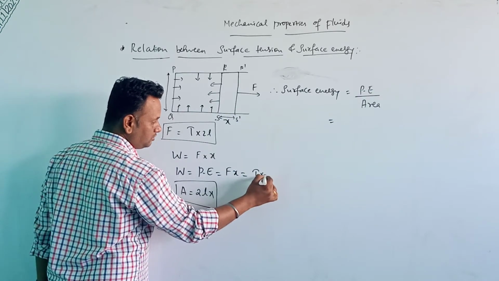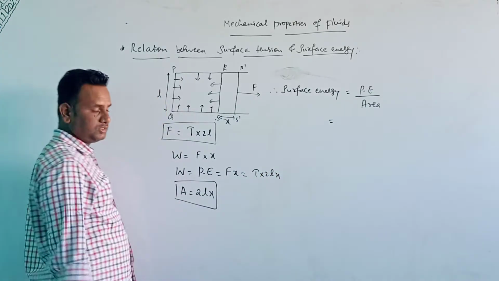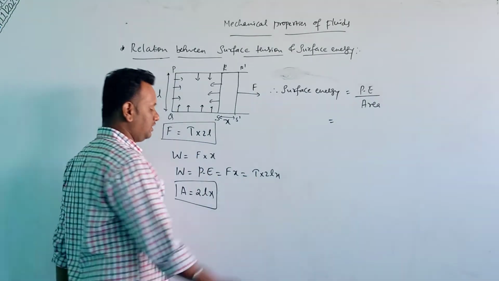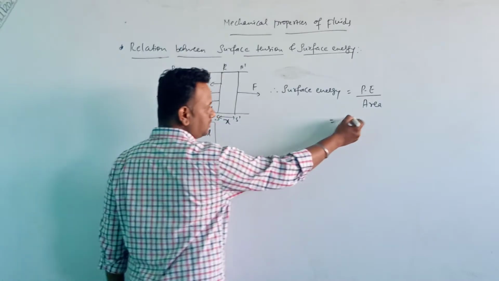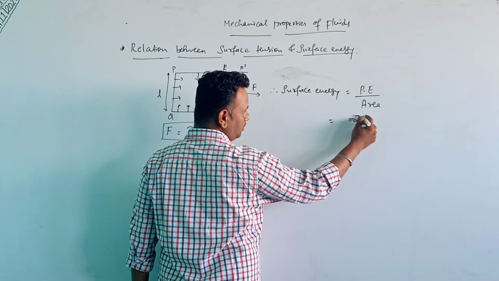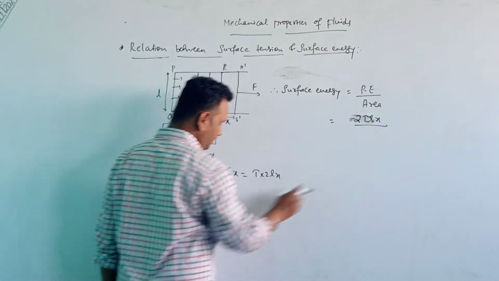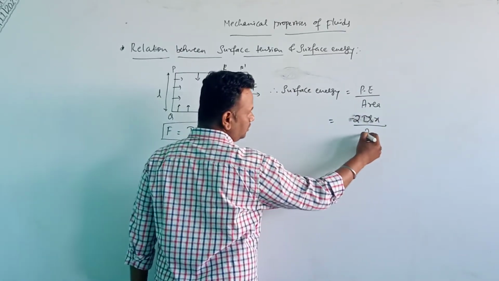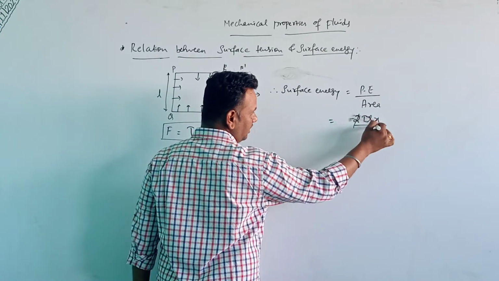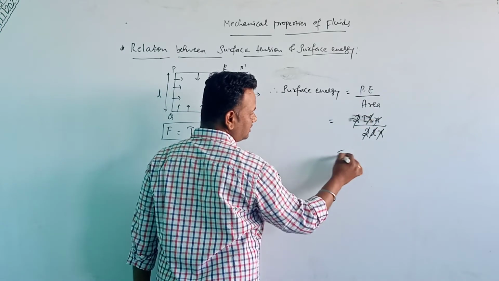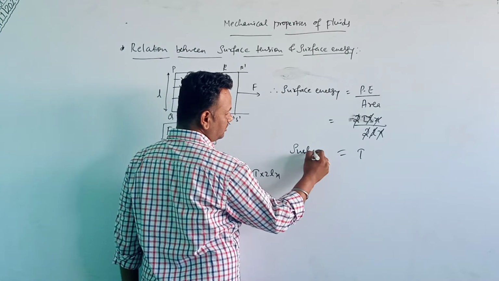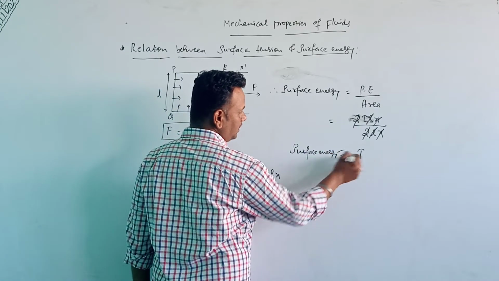In place of F I substitute T into 2L, so this is equal to 2TLx, divided by 2Lx. The 2 cancels, L cancels, x cancels. It remains T. So surface energy is equal to T.